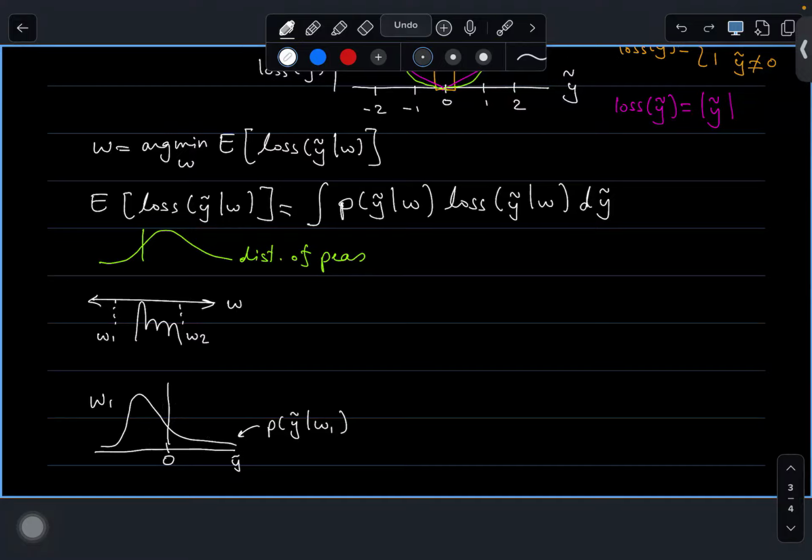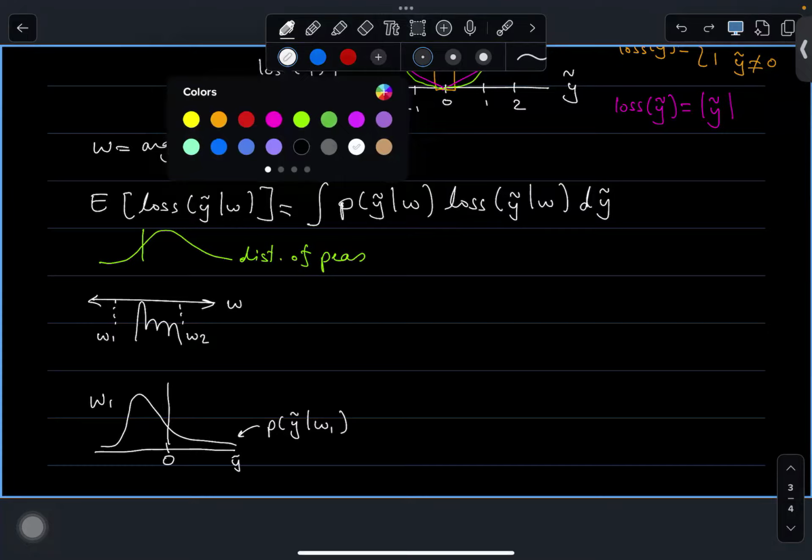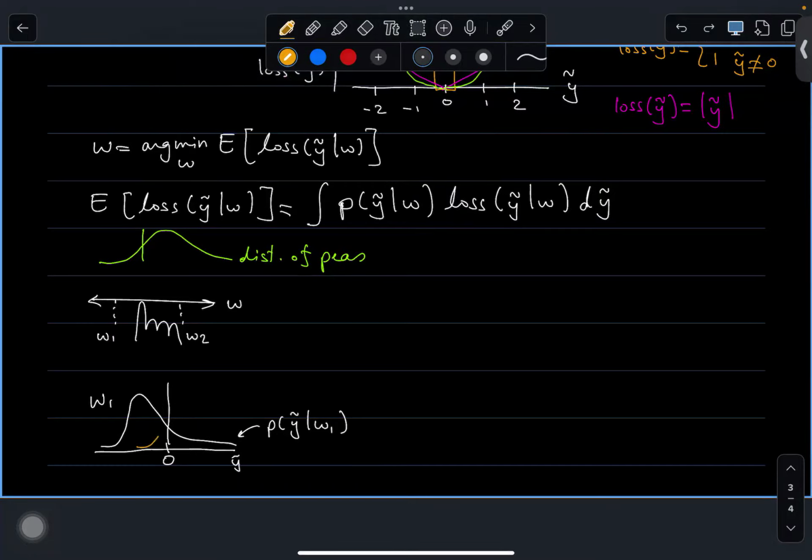Let me draw it with a different color. Okay, so what am I doing? I'm saying that when my finger's to the left, I get a whole lot of things here, but then I get some of them that are way to the right. And if I move my finger to the right, I get some of the peas here, but then I also get a whole lot of peas to the right.